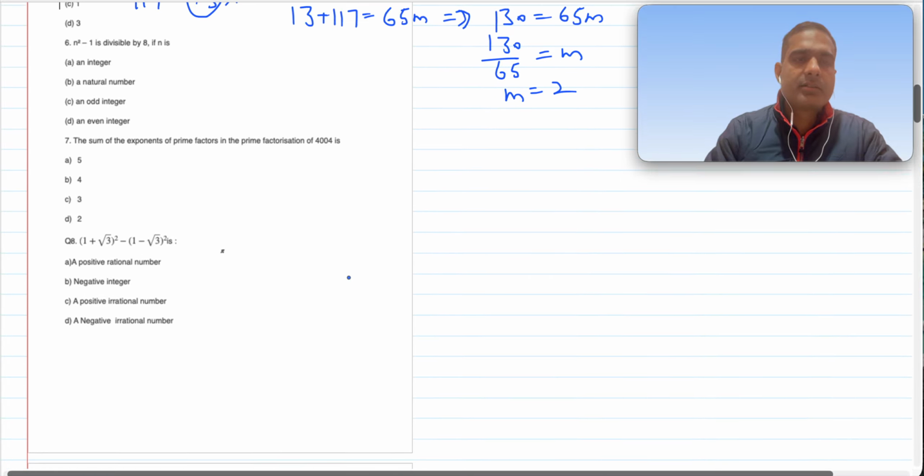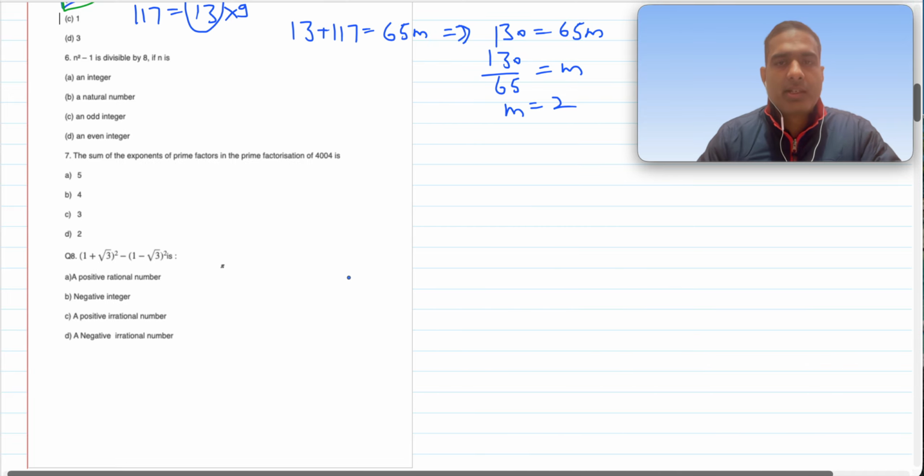that is the sixth question. n square minus 1 is divisible by 8 if n is. So now it's very logical to think that if any number is divisible by 8, it is a multiple of 8 and every multiple of 8 will be even. Okay.